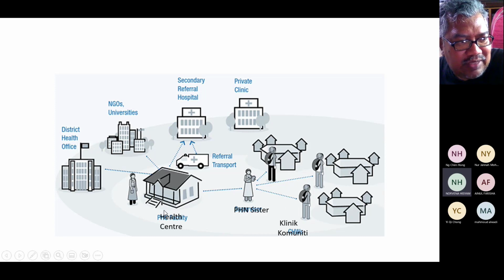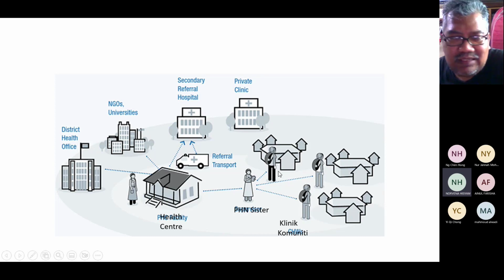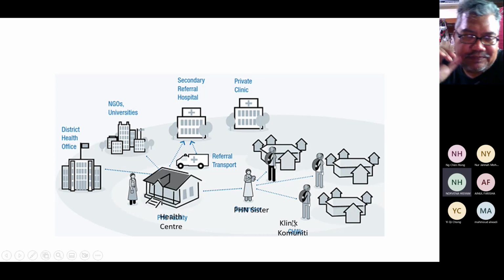They take care of the rural health clinics. Last time when I was in charge of klinik kesihatan Rembau, I had 4 clinics under me. I rotated among these 4 clinics once a week, every week, especially the distant one, where I went every Thursday afternoon.